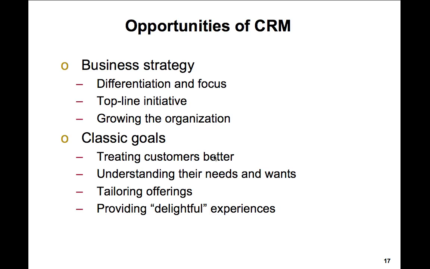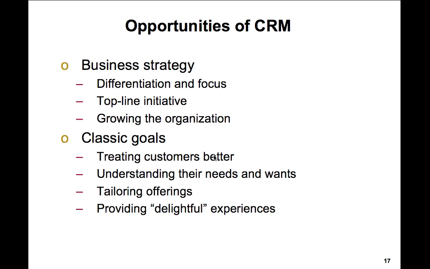Top line initiatives, gaining more customers. This is not really a bottom line. So supply chain management works with the bottom line, and customer relationship management works with the top line. In a very competitive market, it's the bottom line people are mostly concerned with. When times are good and there's no competition, it's the top line that people are concerned with.